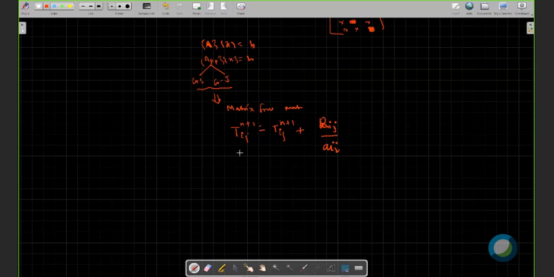If you do this process, then you need not store this matrix, and you can directly use this equation without generating any matrix, and get the solution.